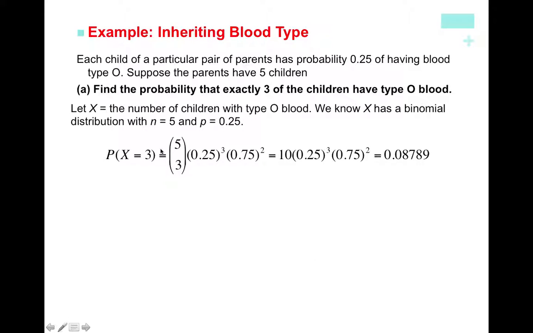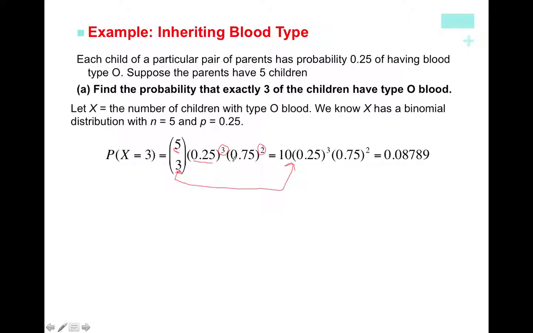So I have 5 children. I'm looking for 3 successes here, okay? That's going to have 10 arrangements again, okay? I want 3 successes. The probability of success is 0.25. If I have 3 successes, then I'm going to have 2 fails.